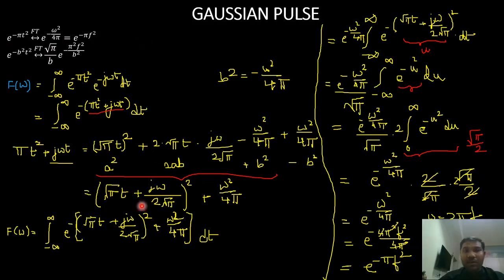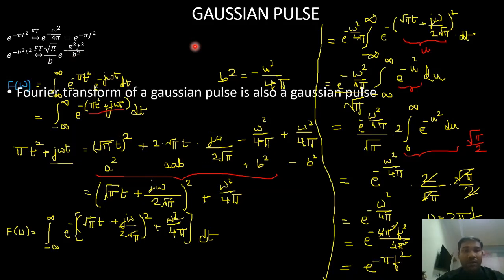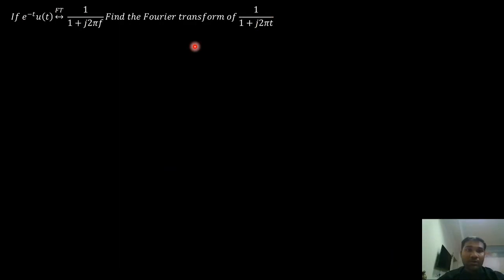In a similar way, we can also prove the second Fourier transform here. That is left as practice. So in the next video, we will continue some problems on Fourier transform.